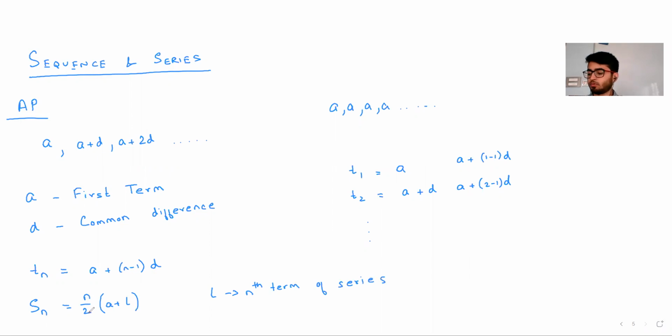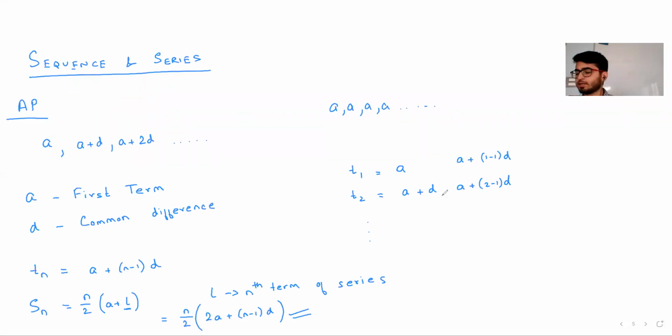Alternatively, if I replace the nth term by its formula, this simplifies to n by 2 into 2a plus n minus 1 into d. If you know the last term specifically, using the first will be more straightforward. If you just know the first term, the value of n and the value of d, you would use the second one. So this is the summation of the first n terms of an arithmetic progression.